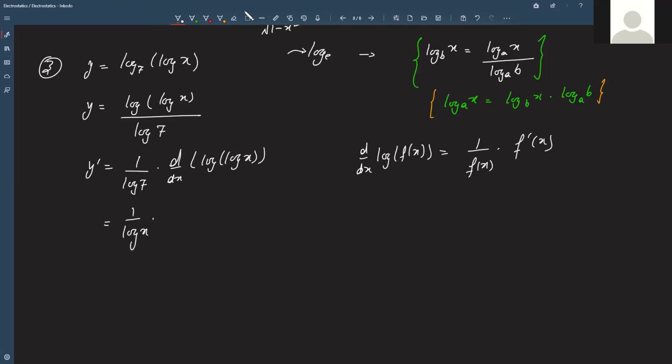That's what chain rule is. So this becomes 1 by log x, because this is the internal function f x, and then differentiation of that function, so that is 1 by x. So simplify it and write x log 7 log x. So this is your answer.